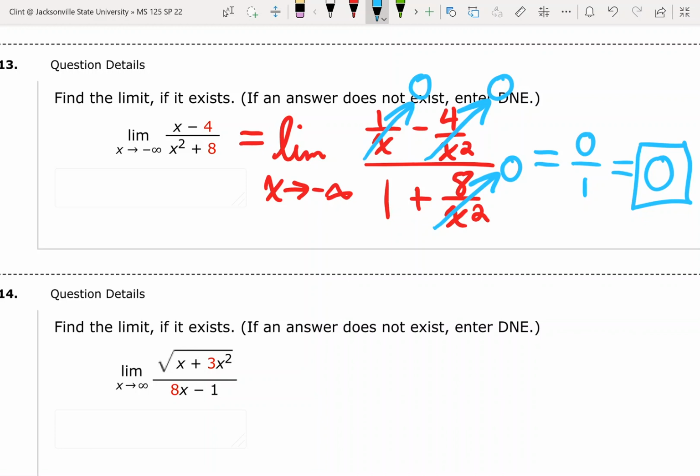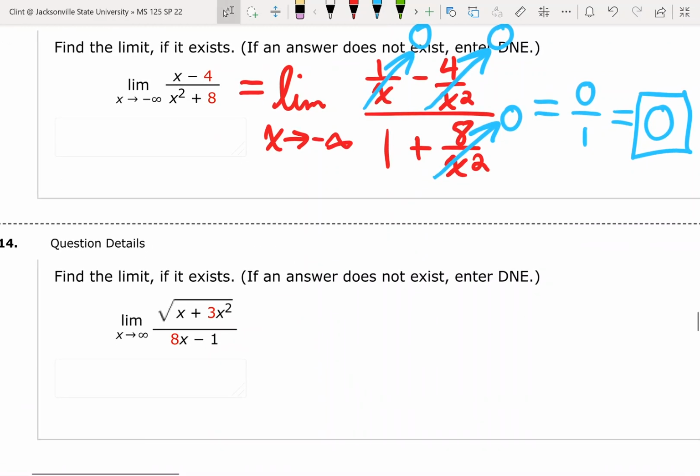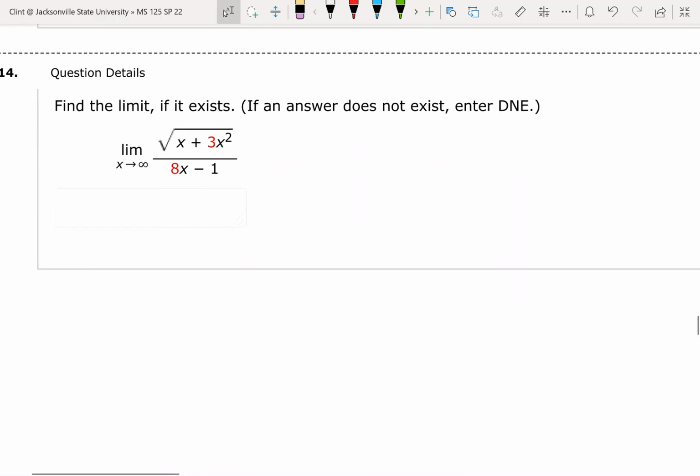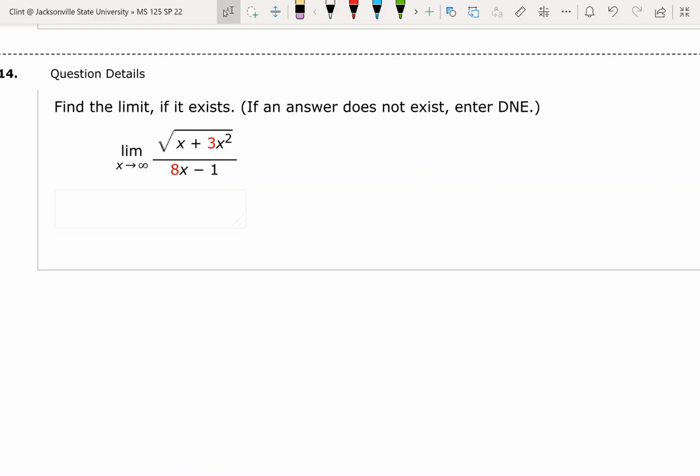14. Same type of problem. It throws a little bit of a curve because we've got that square root involved. So what are we going to divide everything by on this one? x, and then we also need to keep in mind that if we're inside of a radical, it's going to be x squared that we use.